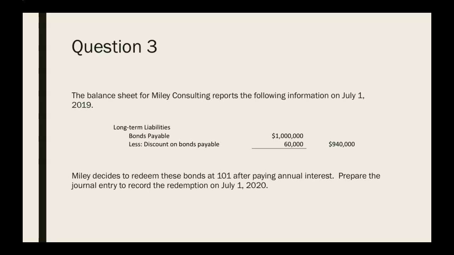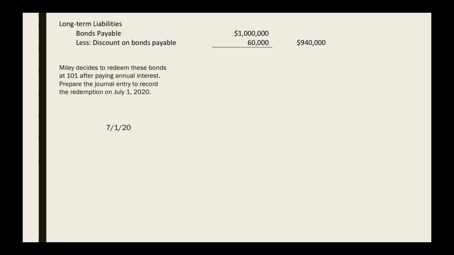Then it says Miley decides to redeem these bonds at 101 after paying annual interest. Prepare the journal entry to record the redemption on July 1st, 2020. So, we have our journal entry here.